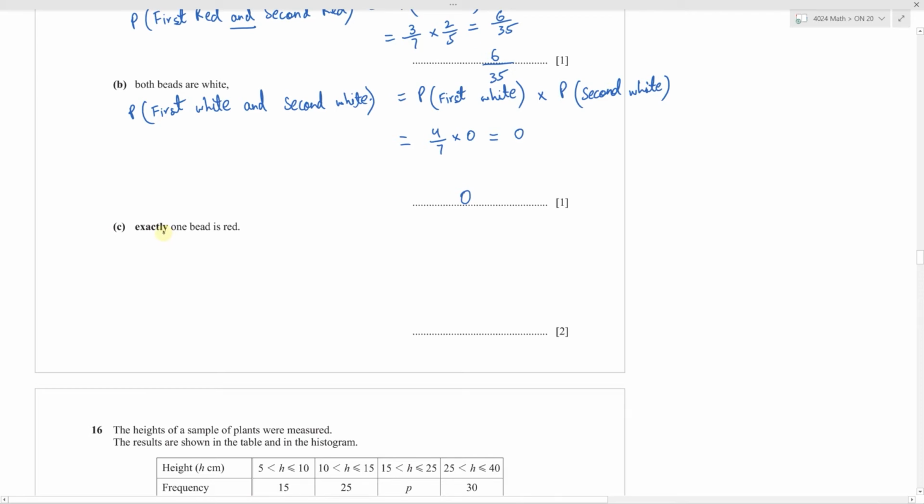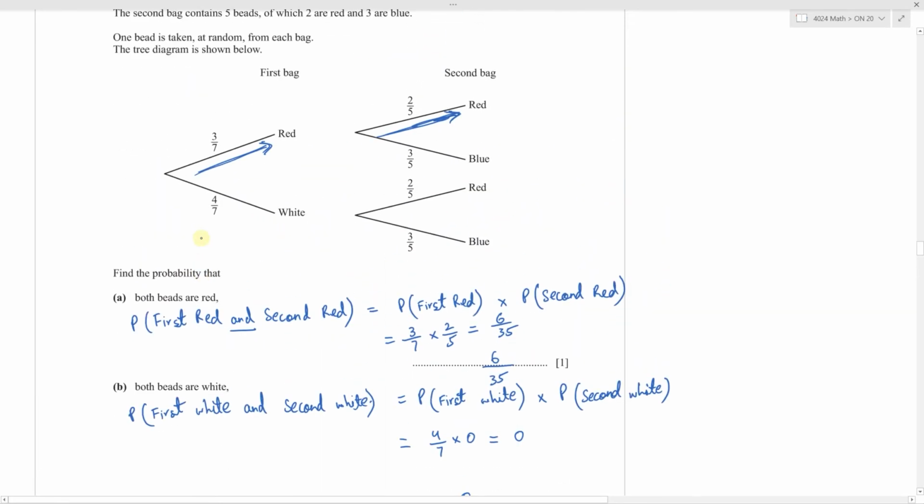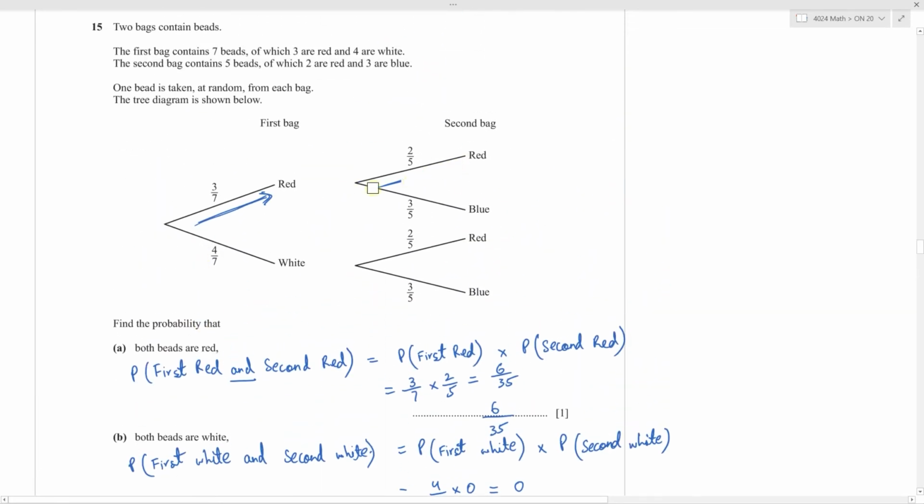Part C is probability that you get exactly one bead and that is red. So how can you get exactly one bead which is red? Let me erase this. You can get one red if you have first red and second blue, or you can also get one red if you have first white, because the first bag doesn't even have blue, and then second red.